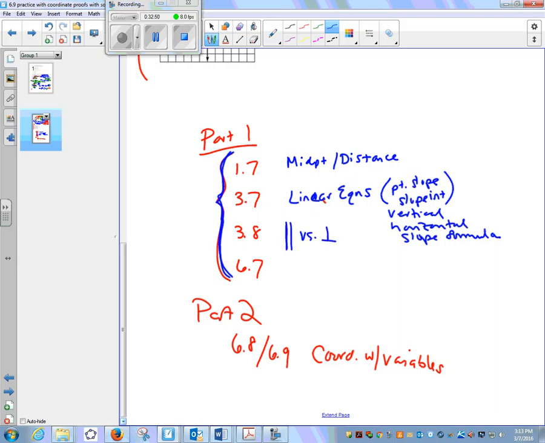Parallel lines have the same slope, perpendicular lines have opposite reciprocal slopes. And 6.7 was polygons on the coordinate plane, proving that, or showing that something is a rhombus, or is a rectangle, or is a parallelogram, or is a trapezoid, whatever. This is using numbers, though. These were with the numbers, not the variables.